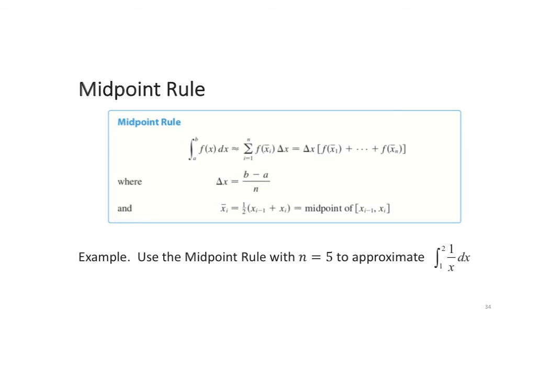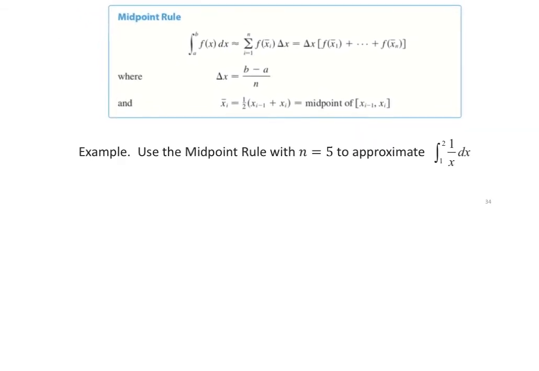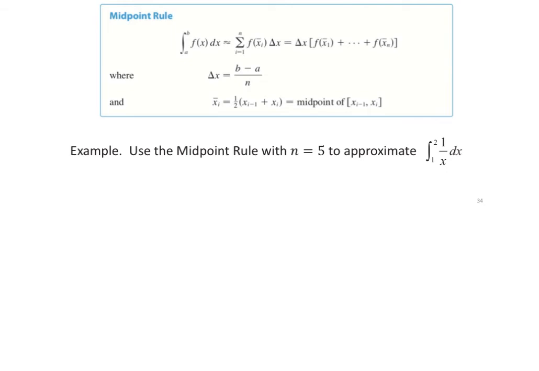So then how would we use this to calculate an estimation of the integral from 1 to 2 of 1 over x dx? Again, it's just an approximation. And we're approximating with 5 rectangles this time. So we have our interval from 1 to 2.